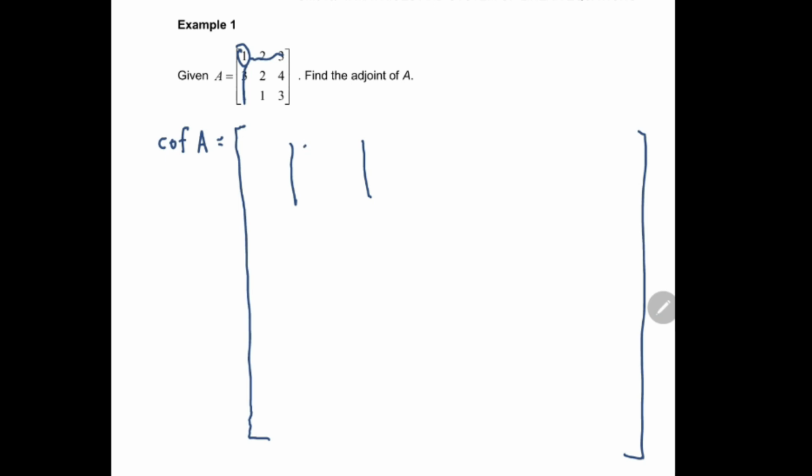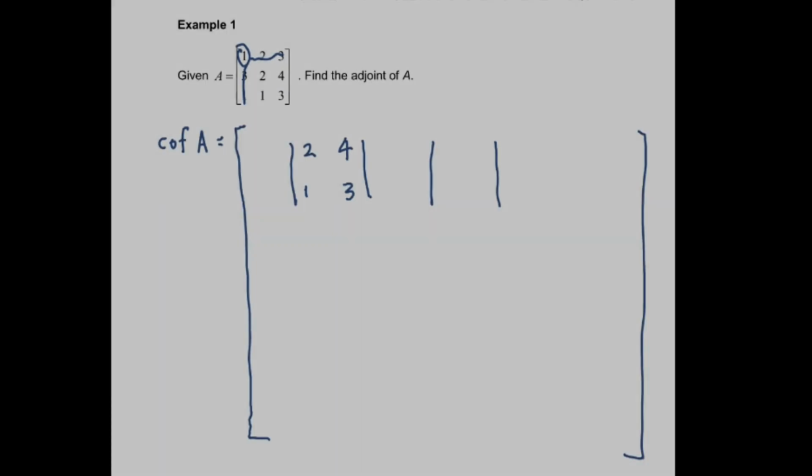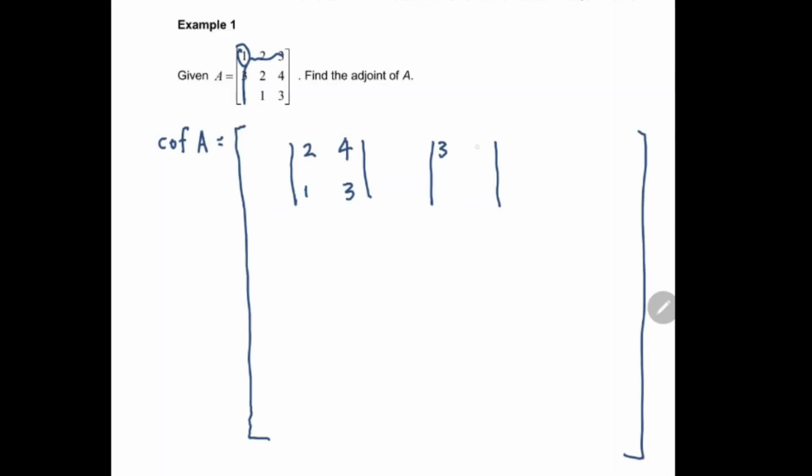So here is 2, 4, 1, 3. And then for this one, 3, 4, 1, 3.